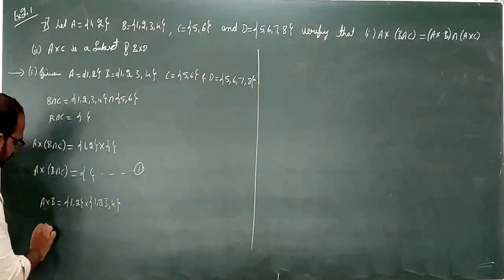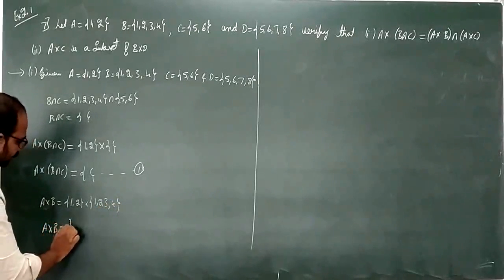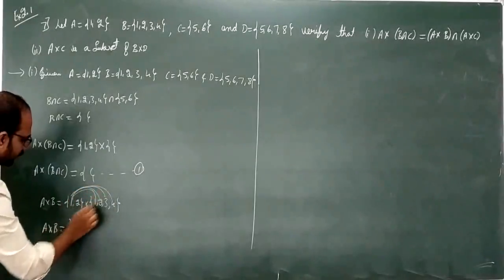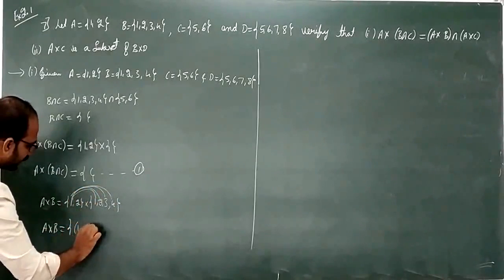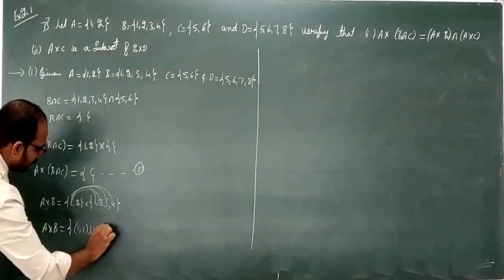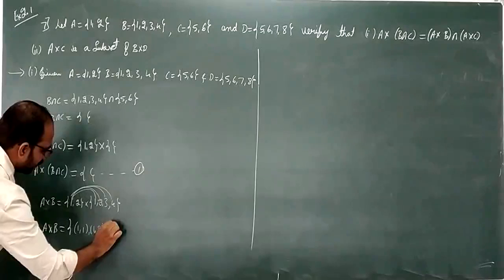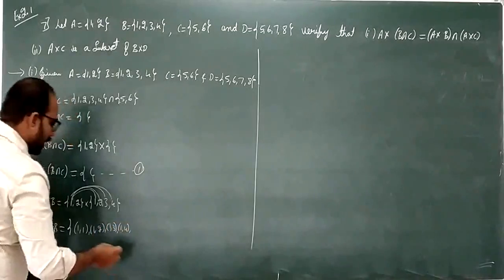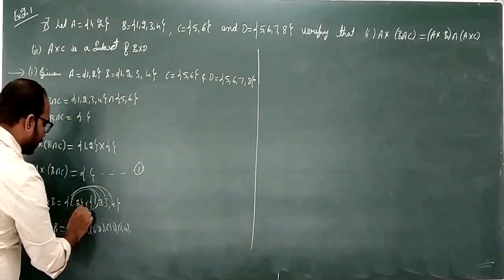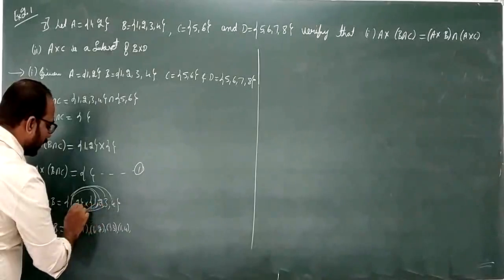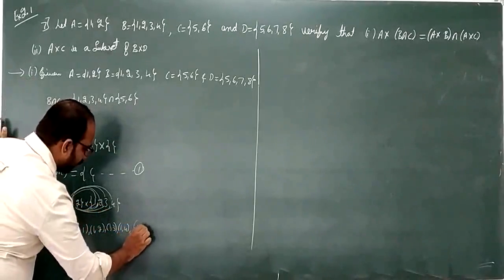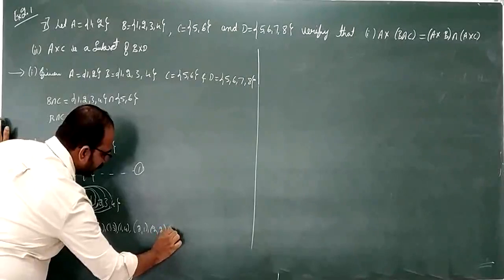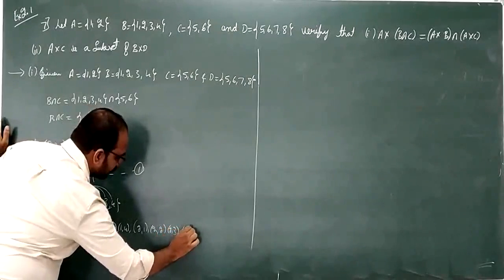Then the Cartesian product of set A and set B is equal to 1 1, 1 2, 1 3, 1 4, and 2 1, 2 2, 2 3 and 2 4.